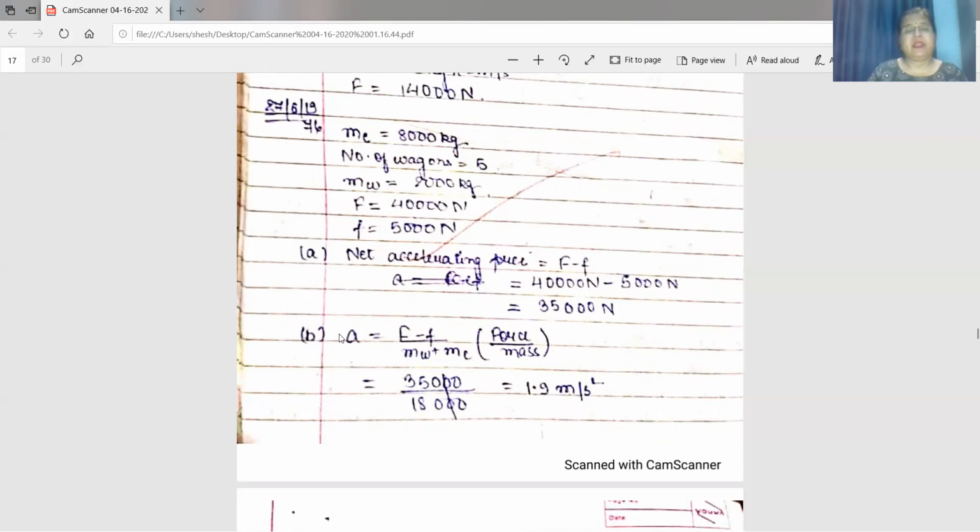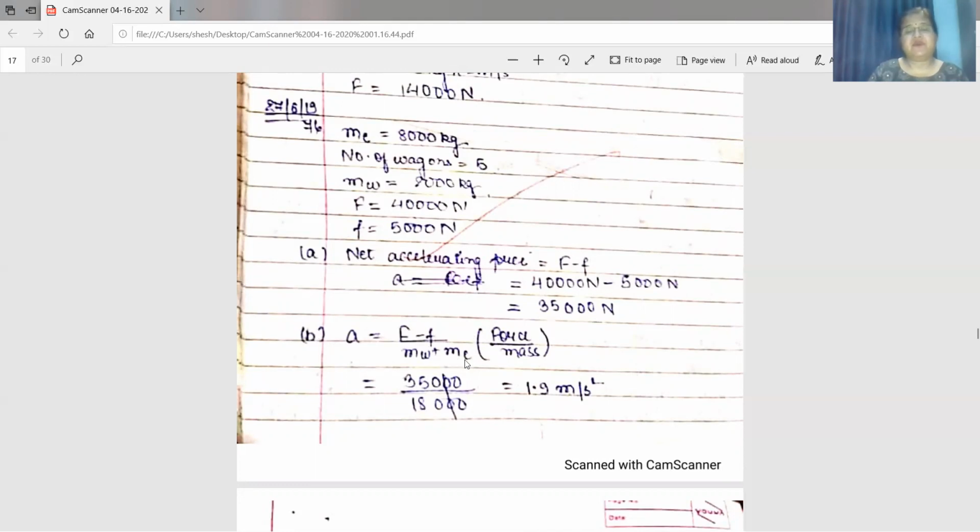B is to find out acceleration. Acceleration equals force by mass, you know. Here the net accelerating force is 35,000, that is capital F minus small f. And mass is the total mass of the engine plus the mass of the wagons.